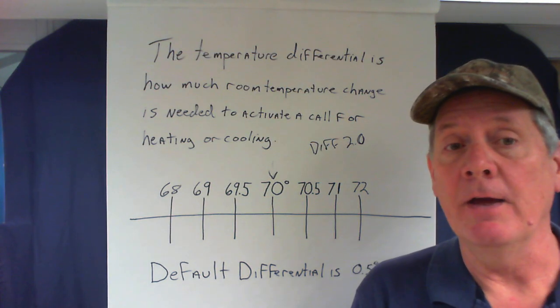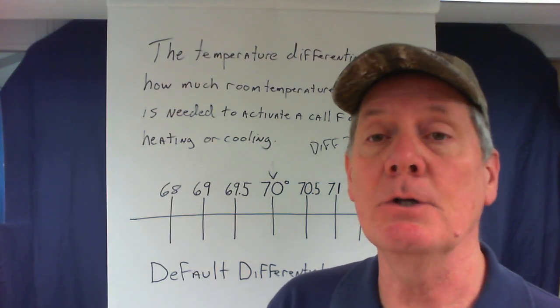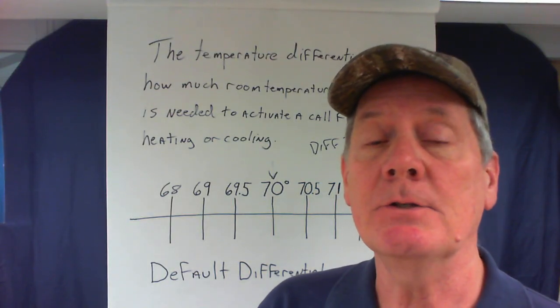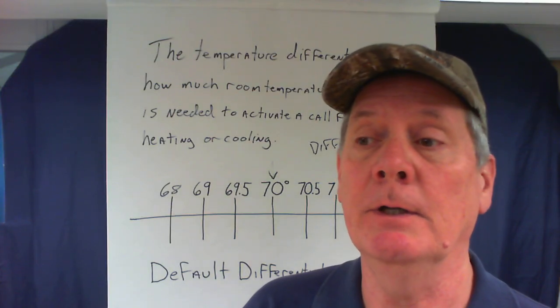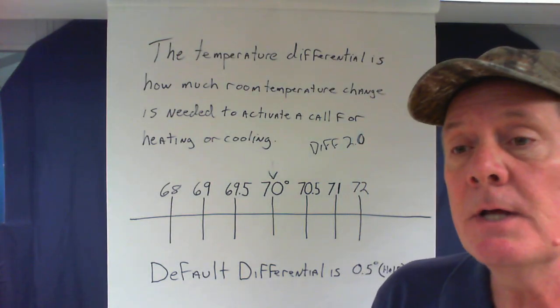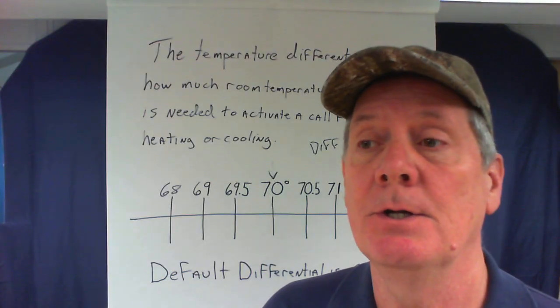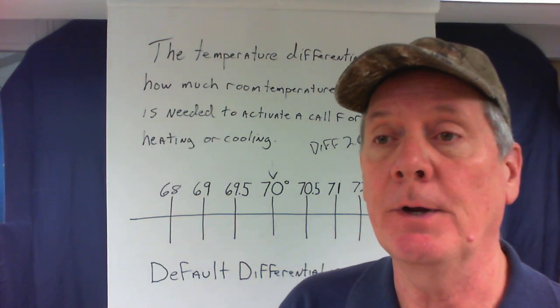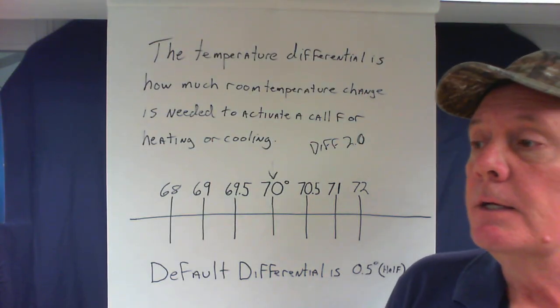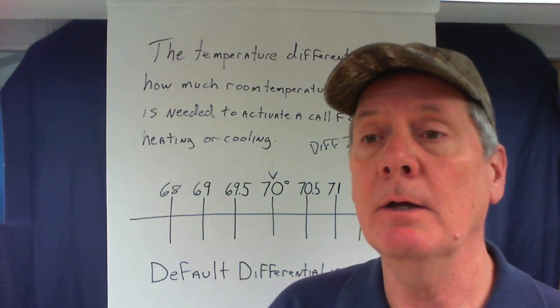So that's a little more advanced setup. You got to have multi-stage equipment, HVAC system for that. Concept is still the same. It's a temperature differential. It's all based on room temperature change. How much change happens in the room to trigger the call for heat? Time is not part of the equation.